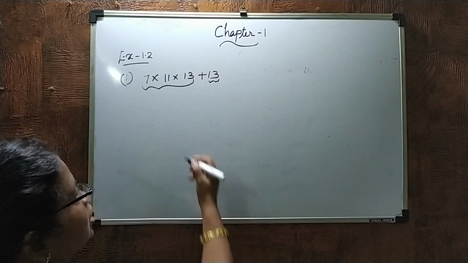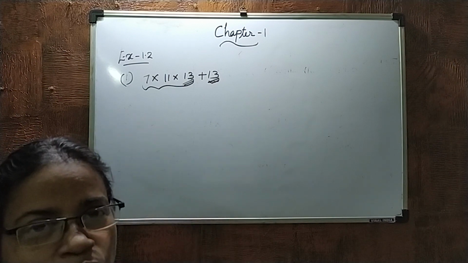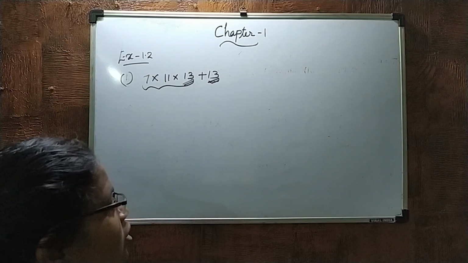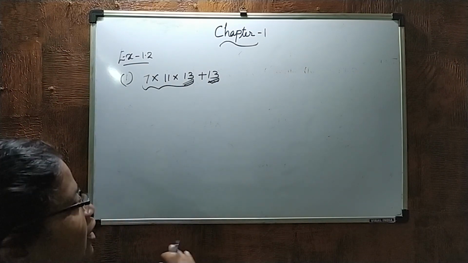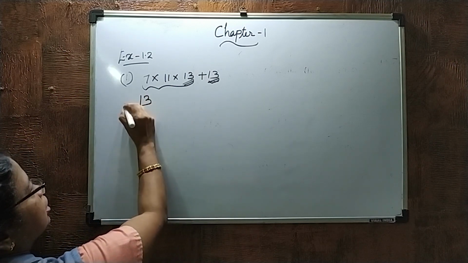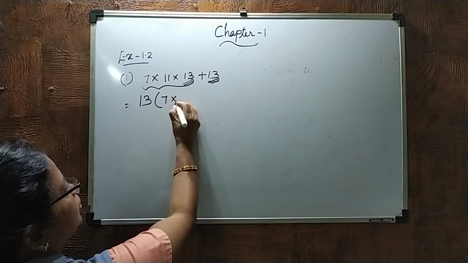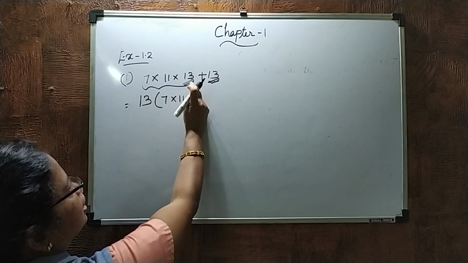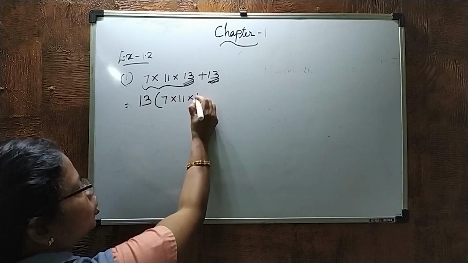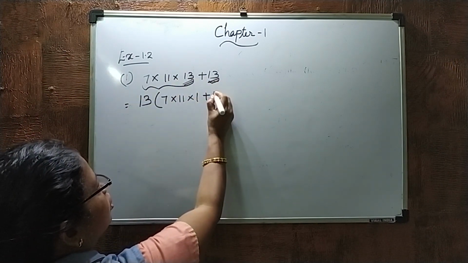So here, this is one family and after the addition it comes from another family. So what we can do is, look, 13 is here, 13 is here. Both are common, so you can take 13 outside. When you take 13 outside, you get 7 into 11 into 1, plus 1.